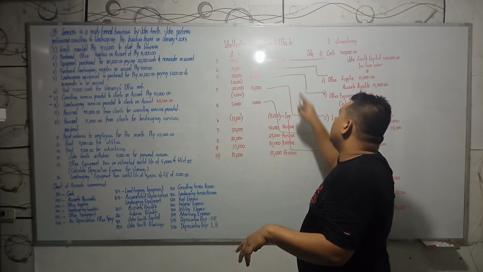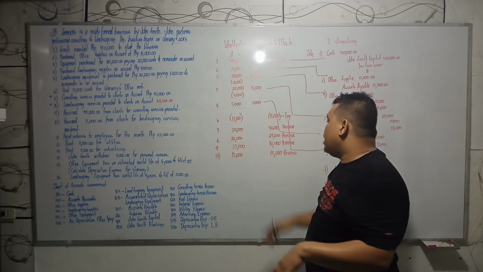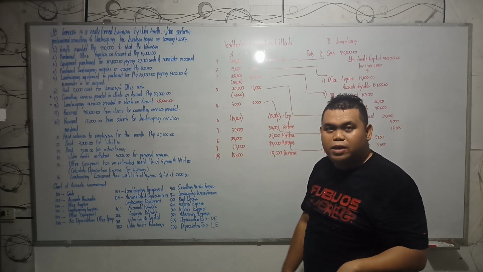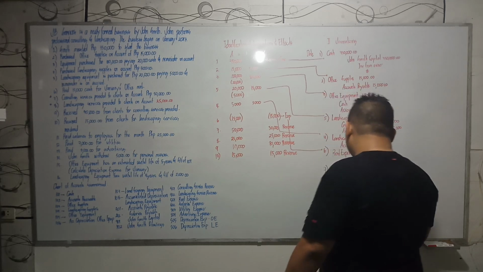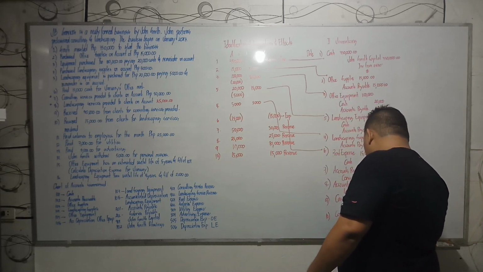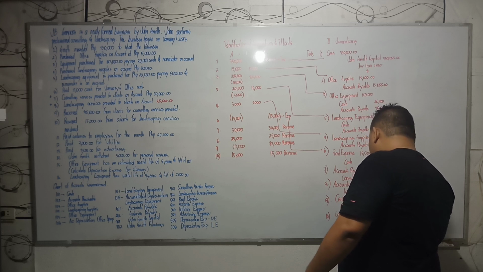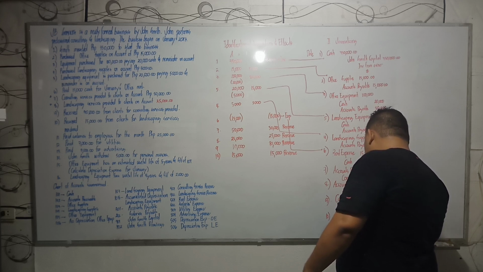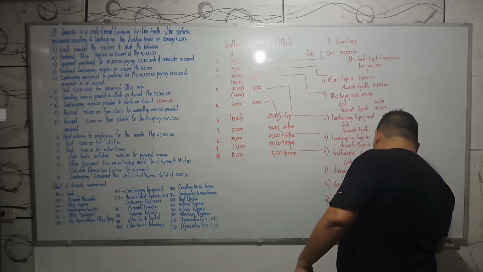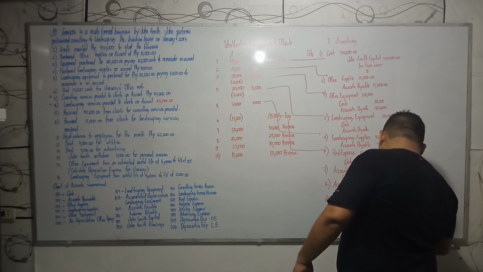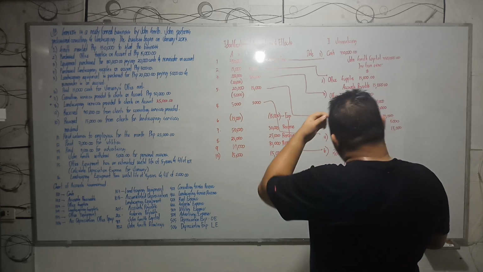The first one is the investment from the owners, and of course, the revenues. Okay? Now, next, let's make an entry. Of course, that is cash, 15,000. And we have landscaping revenues, 15,000. So that's on number 10.